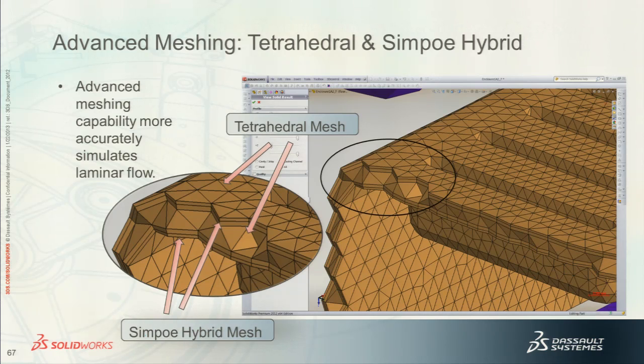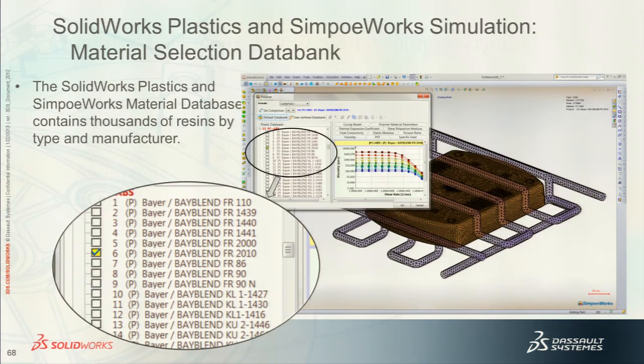What's nice about the Simpo mesh, and they've added a new feature for 2013 that's not up here yet, is this hybrid mesh that they've created gives you a much more accurate laminar flow simulation as your part cavity is being filled with resin. It more accurately mimics what's going on with your material as it's being injected into the part cavity.